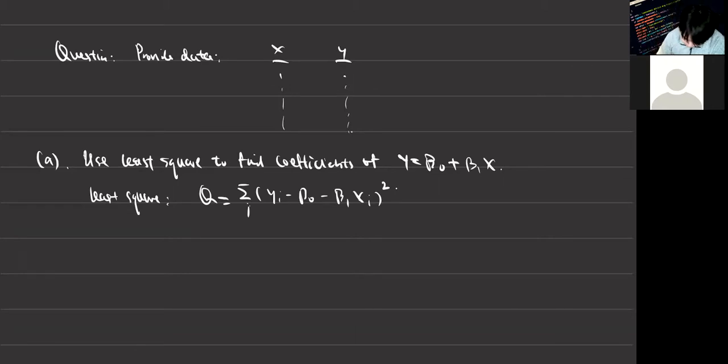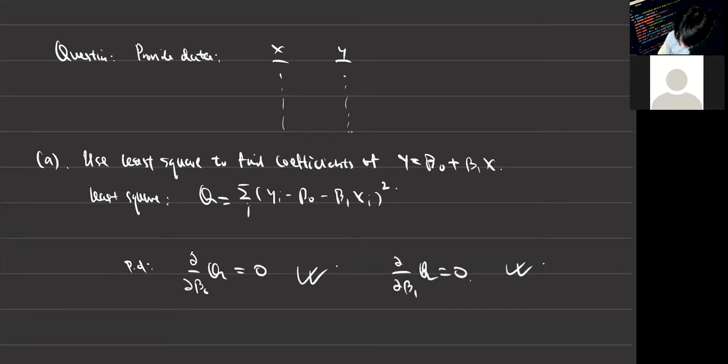Once that's done, you take partial derivatives. You take the partial derivative of Q with respect to beta 0 and set it to 0, you solve it, and then you do the same thing for beta 1, and that gives you another equation. So this is 2 equations, 2 unknowns, so you're able to solve for beta 0 and beta 1.